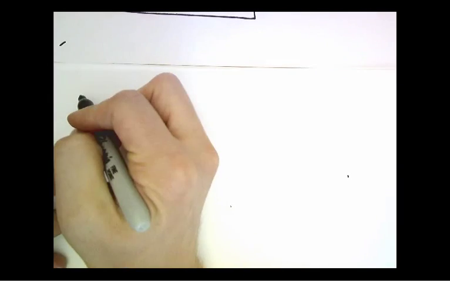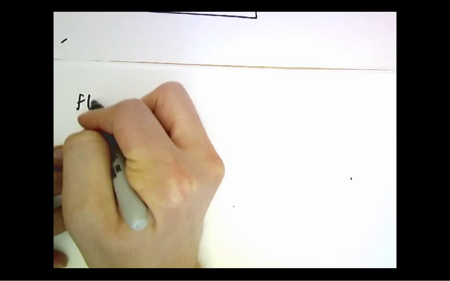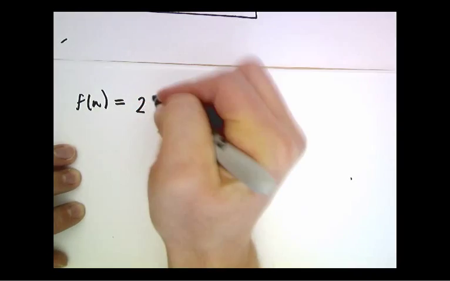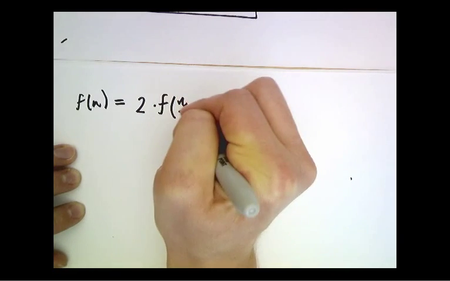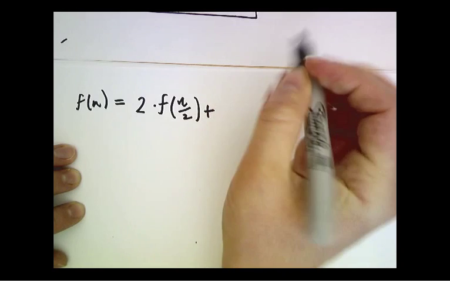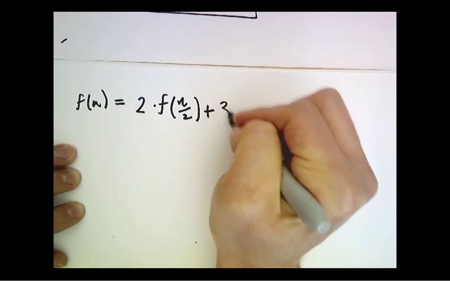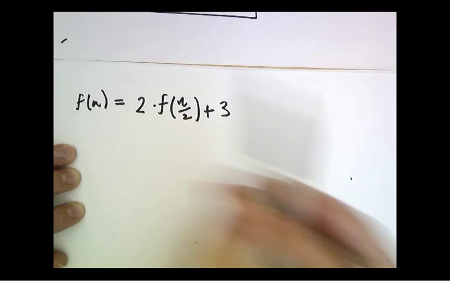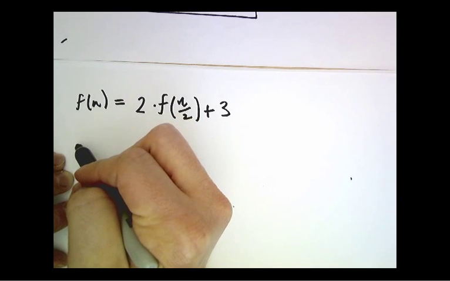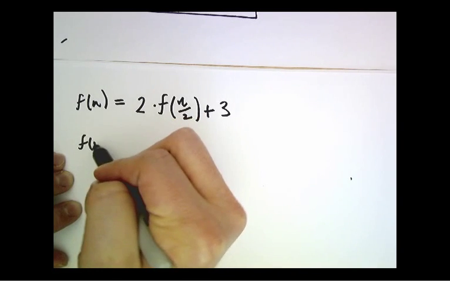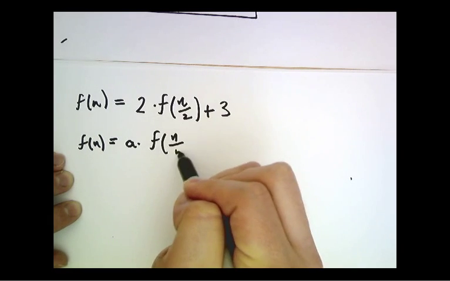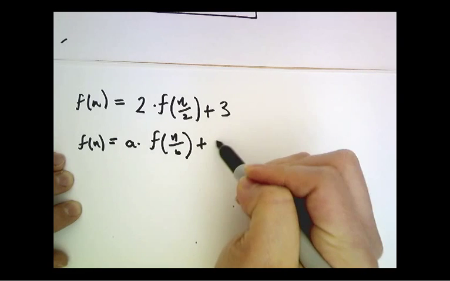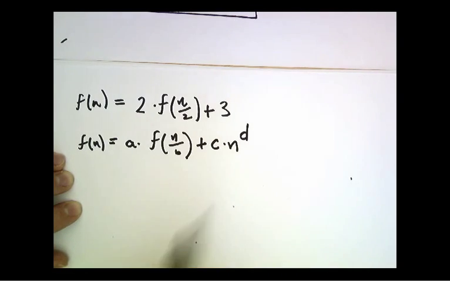Let's assume that we have a recurrence, f of n is equal to 2 times f of n over 2 plus 3. Now remember, we're looking for f of n of the form a times f of n over b plus c times n to the d.